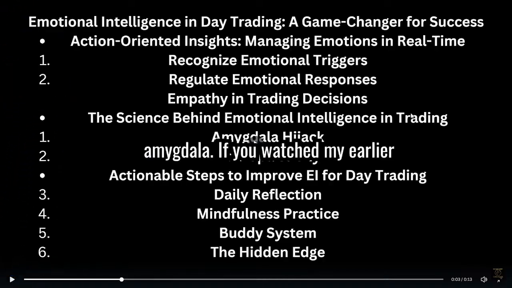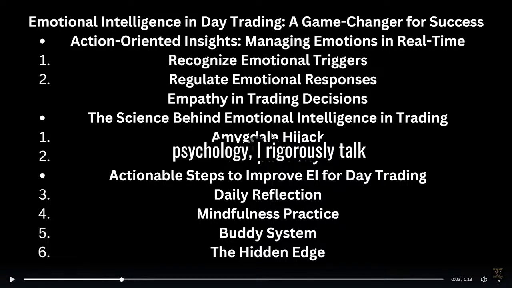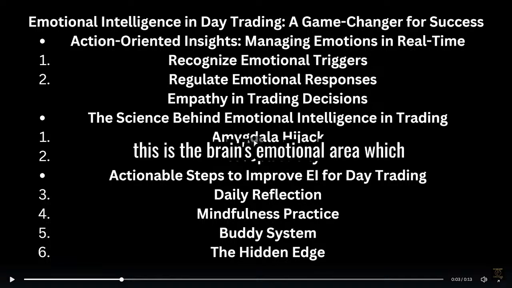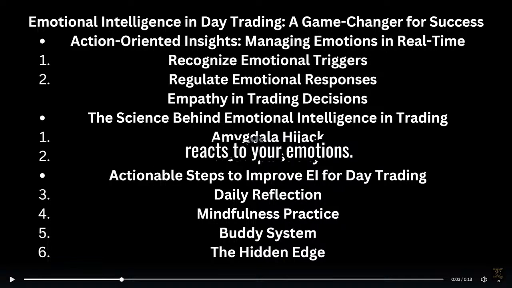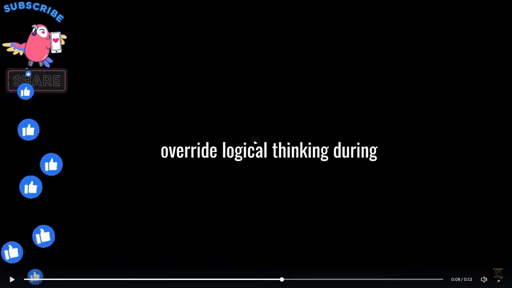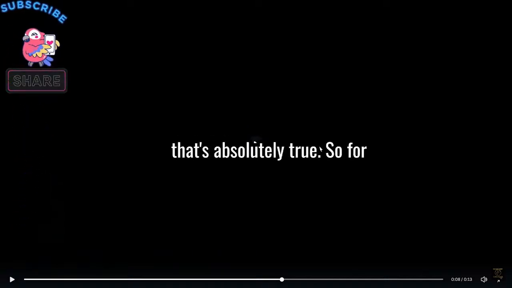Amygdala. If you watch my earlier videos on psychology, I rigorously talk about the amygdala. This is the brain's emotional area which reacts to your emotions. So emotional reactions can override logical thinking during stressful trades, right? Yes, that's absolutely true.